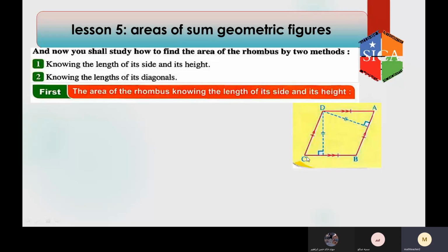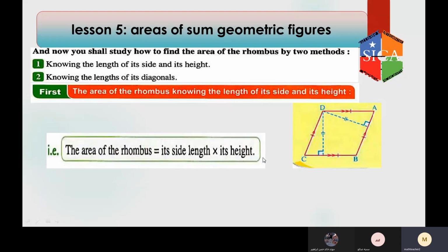Then the area may be BC times this height or AB times this height. Then the area of the rhombus equals its side length times its height, any side length times its height, because all its side lengths are equal and the heights are also equal.